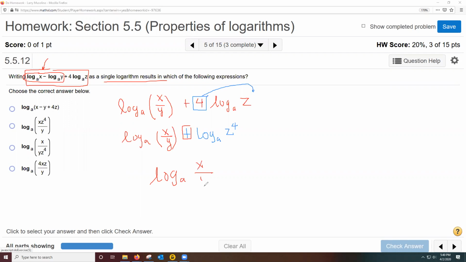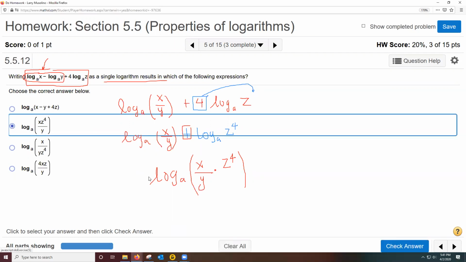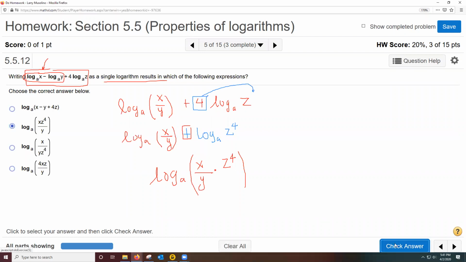So it's going to be x over y times z to the 4. And I have written this now as one log function. And so when I look at the multiple choice answers, the only answer here that matches up is the second answer. So I'm going to go here with the second response.